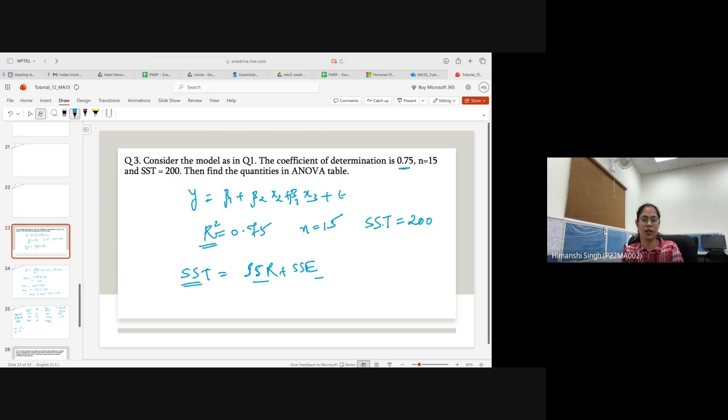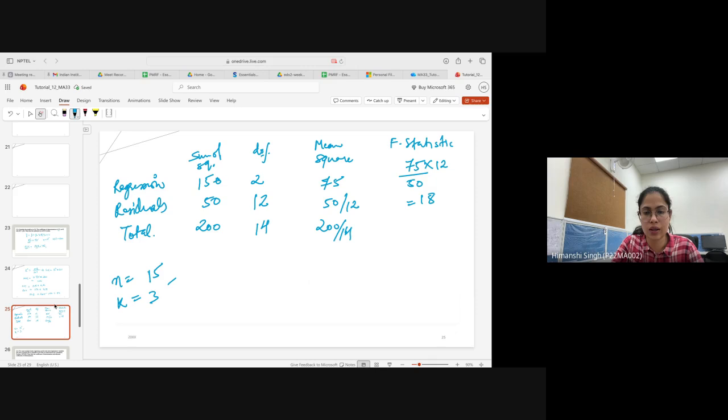Further we calculate the degrees of freedom, and finally calculate the F statistic. Is it fine? Okay, if there is no doubt, then I'll move forward.